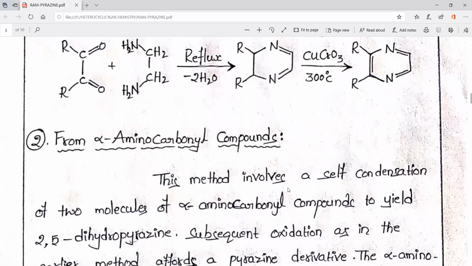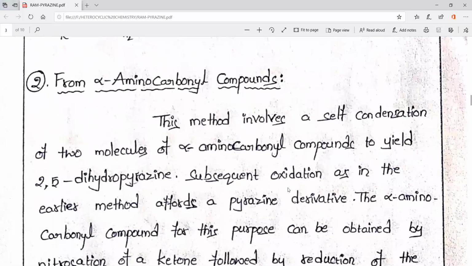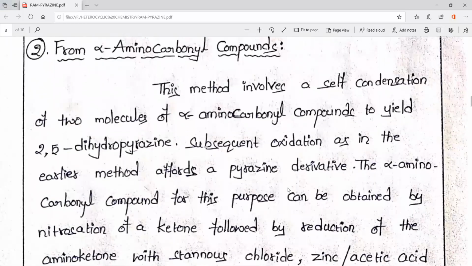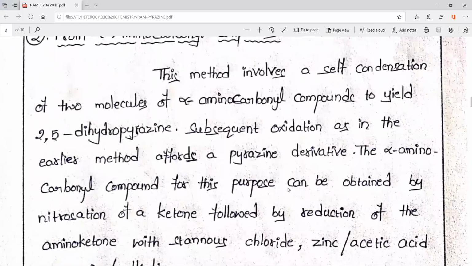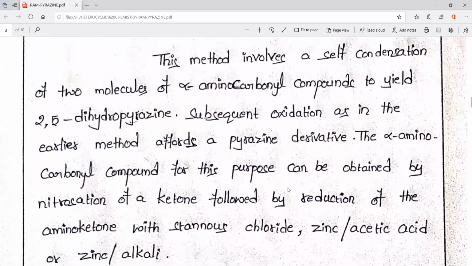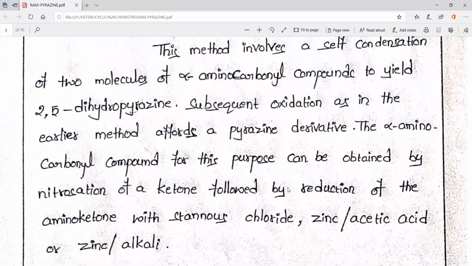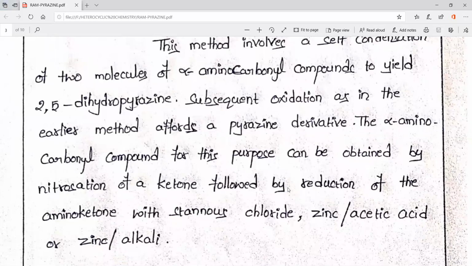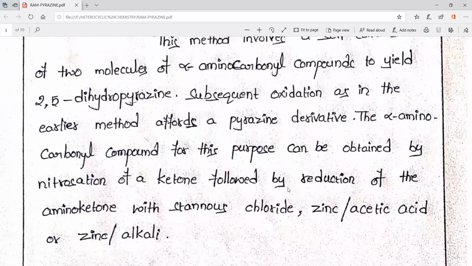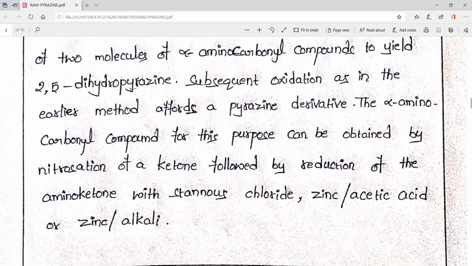The second method is from alpha amino carbonyl compounds. This method involves a self-condensation of two molecules of alpha amino carbonyl compounds to form 2,5-dihydropyrazine, which on oxidation gives pyrazine derivatives.